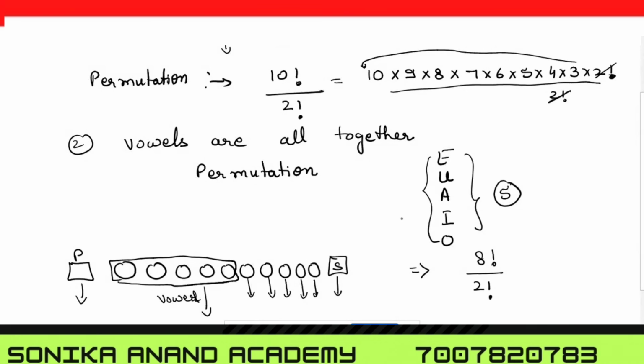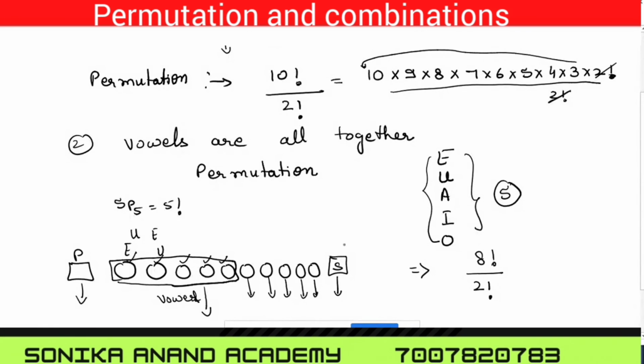Moreover, in these boxes vowels can be arranged in different ways. We can fill E here, U here, or U here, E here. That means five choices and five boxes, that means factorial 5. So we multiply with 5 factorial also.